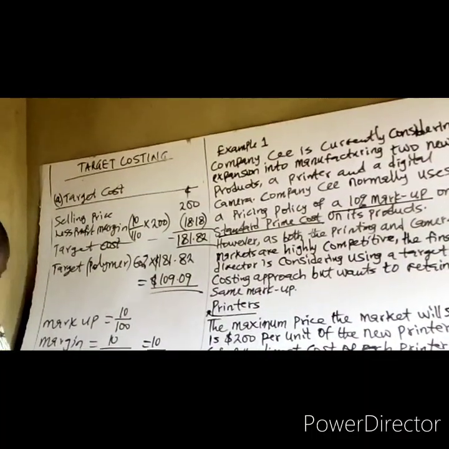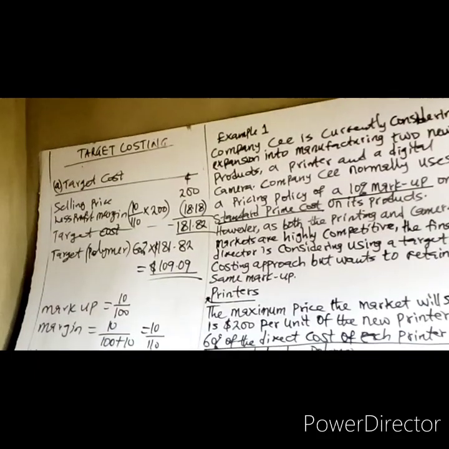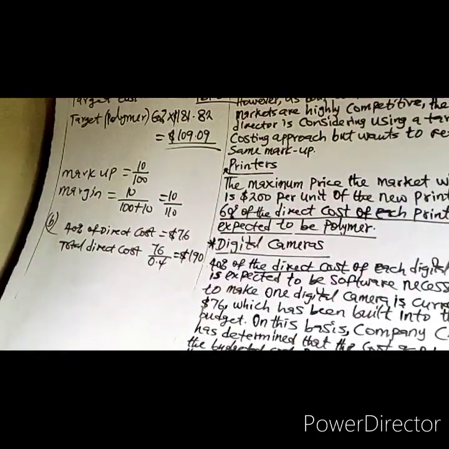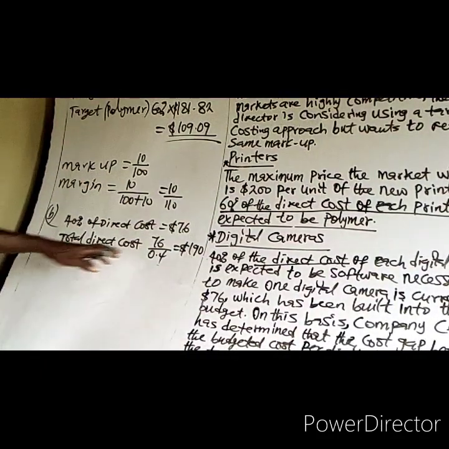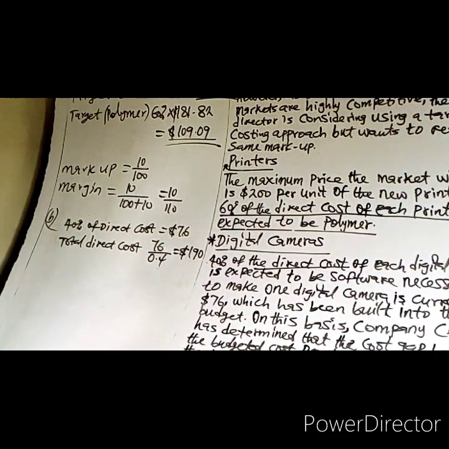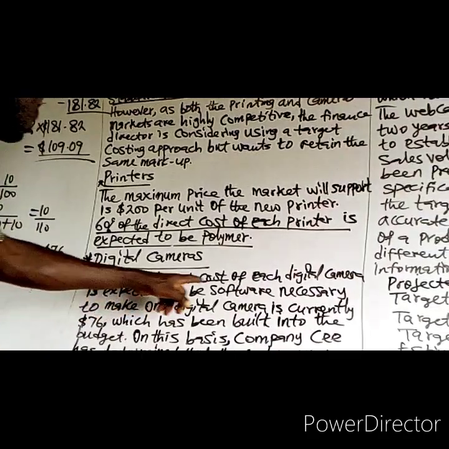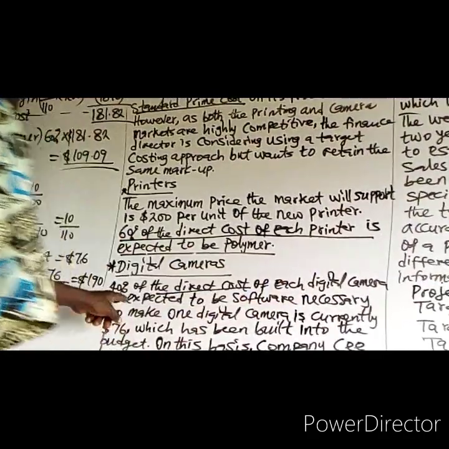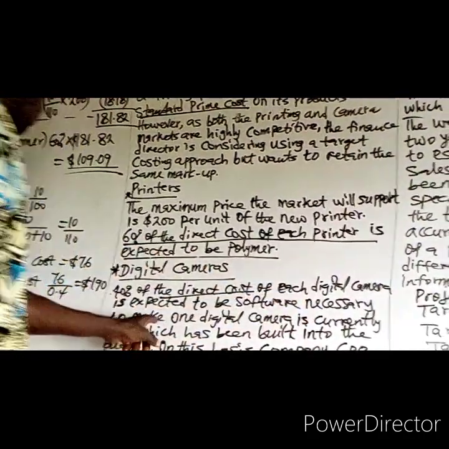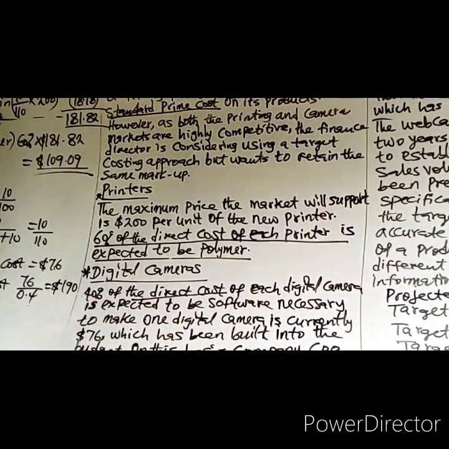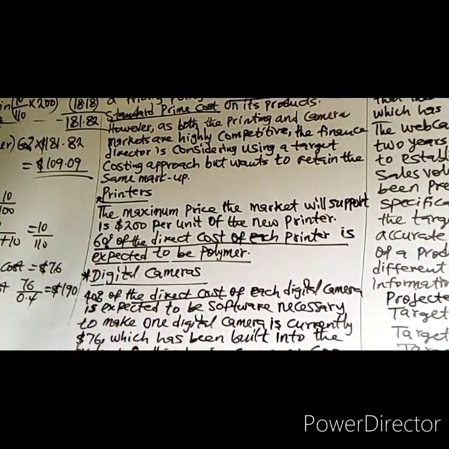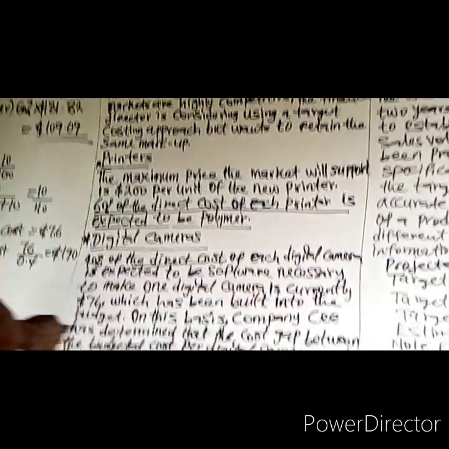Now, you have got the total direct cost, and that is $190. 40% of direct cost of each digital camera is expected to be software necessary to make one digital camera. It's currently $76, which has been built into the budget.